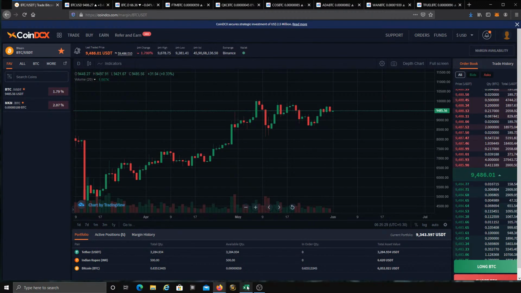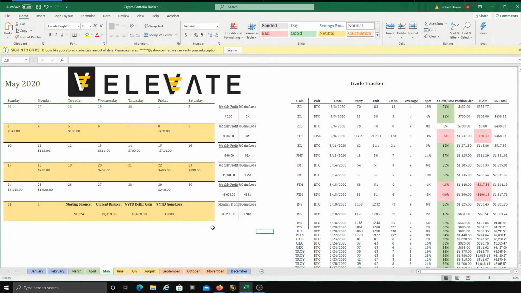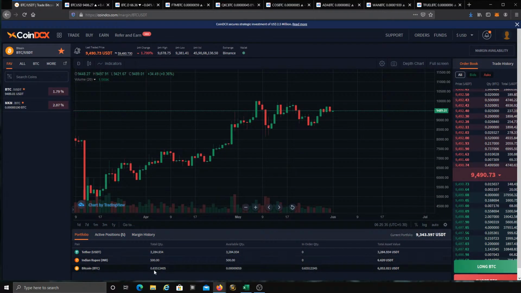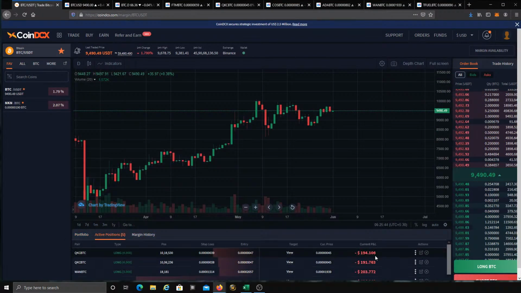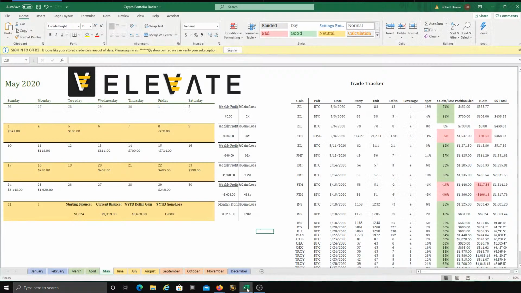So now what I'm going to do as a strategy is, I've got about $3,300 in Tether. When my current bags that are in a loss bounce up and get me out of them, either at break even or in profit, and let's say I get my current balance to $10,000, don't forget, guys, to always pay yourself.